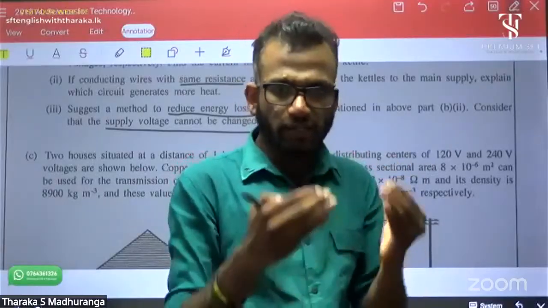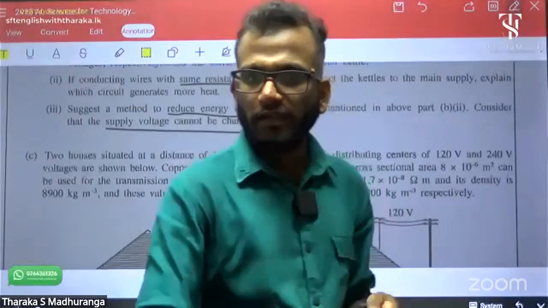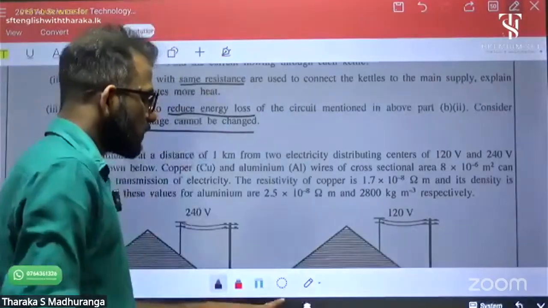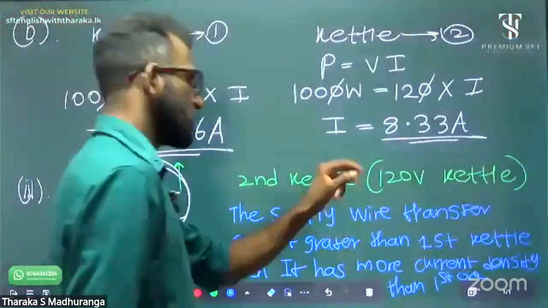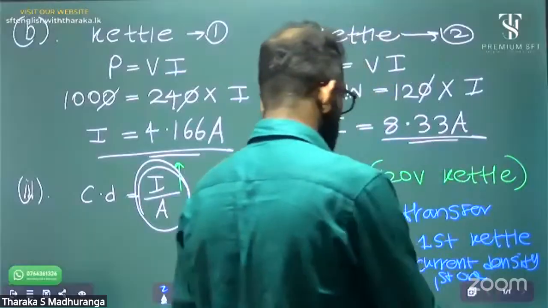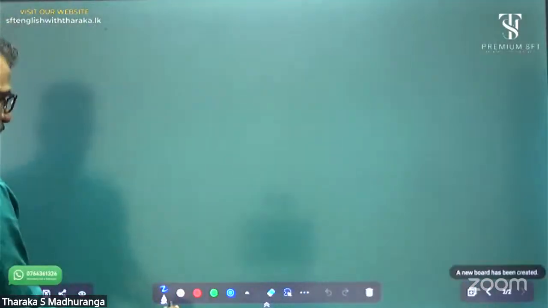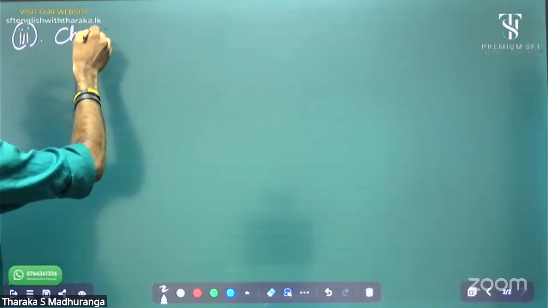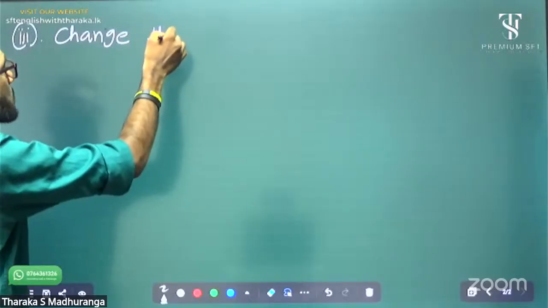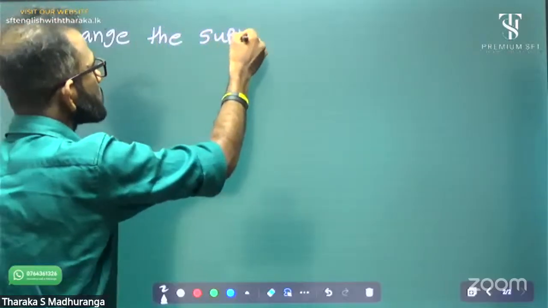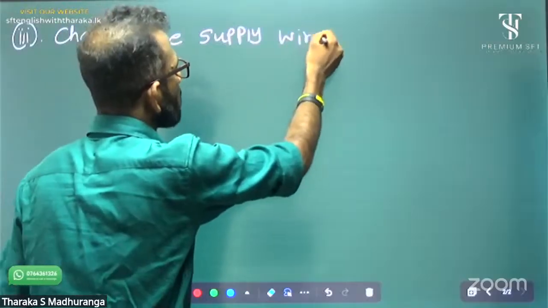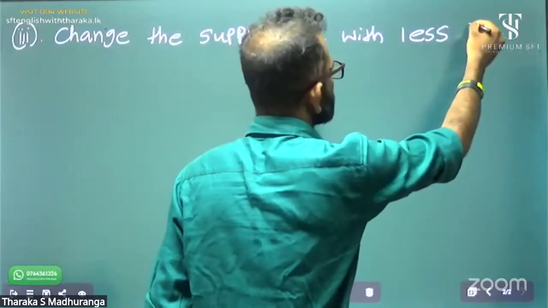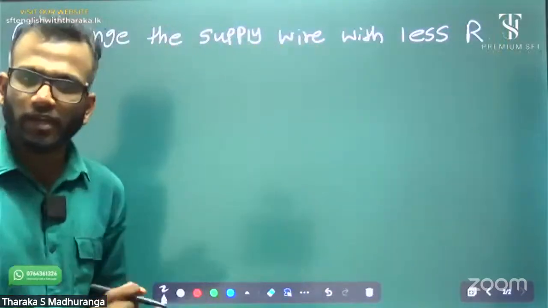If we can reduce the resistance, we can use less resistance wire. Third one, we can change the supply wire with a less resistance wire.